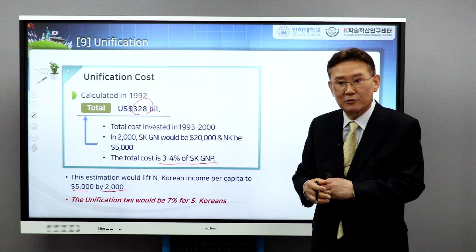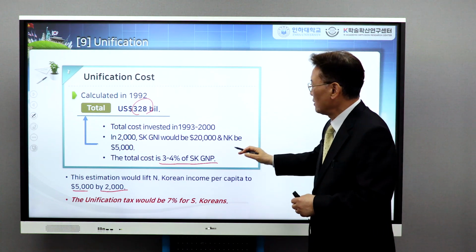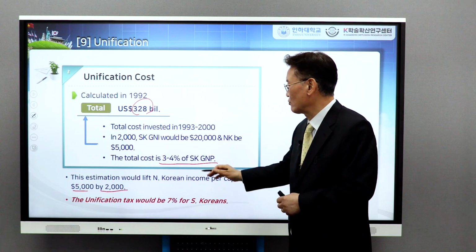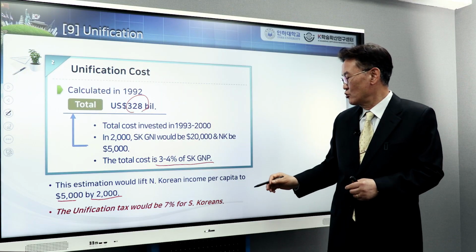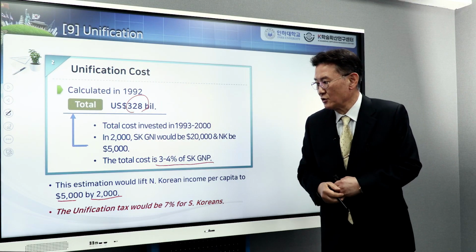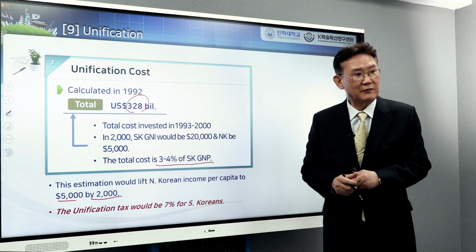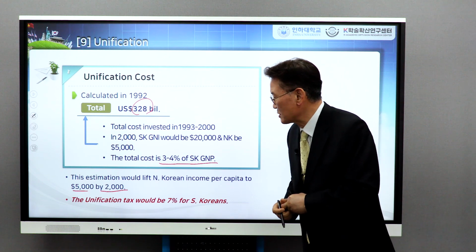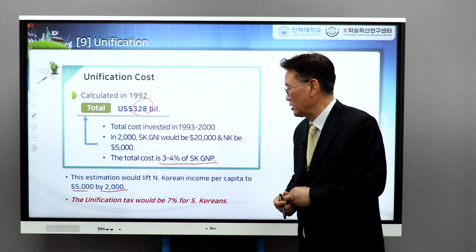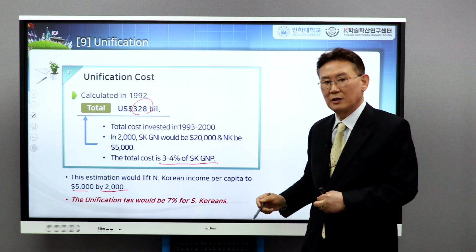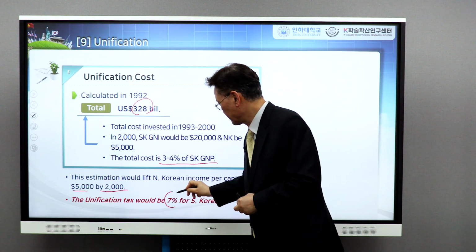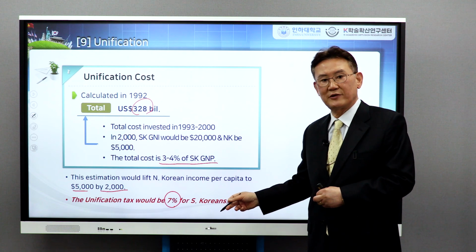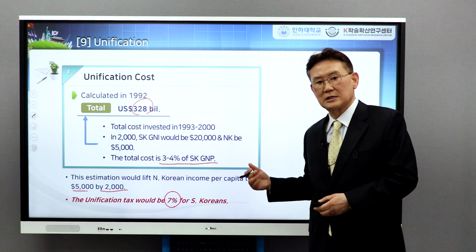Excuse me, I think I made a mistake. In the year 2000, South Korean income per capita would be about $20,000, and North Korean income per capita would be $5,000. And South Korea announced the unification tax raise would be 7%. I'm going to mention this 7% unification tax in a different slide later.